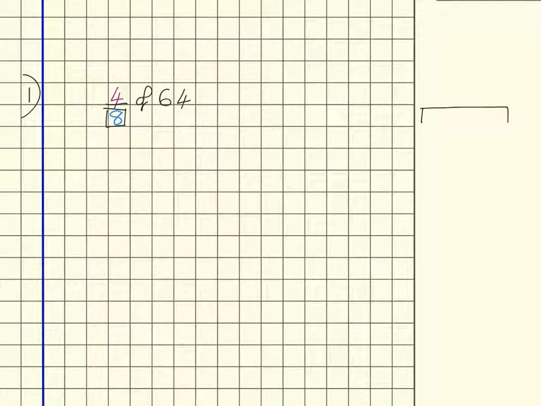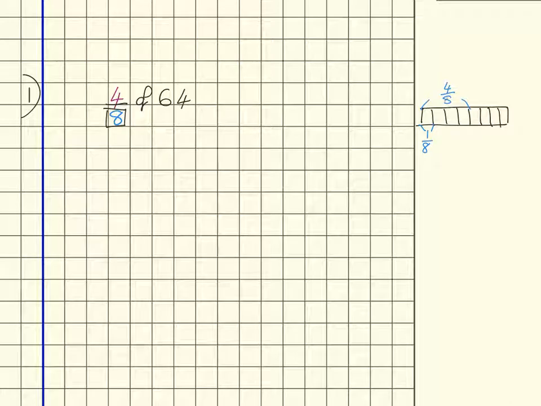So there's the whole, and I'm going to split it into the correct number of parts, which is 8. And I know that this is 1/8, and I know that this would be 4/8.